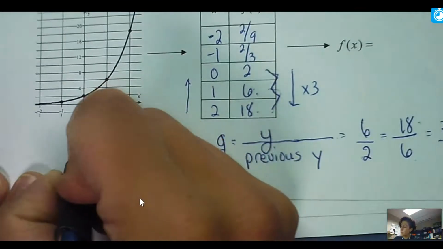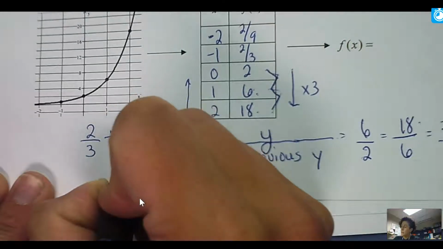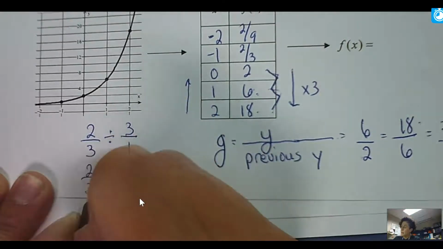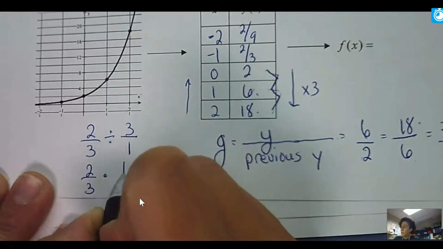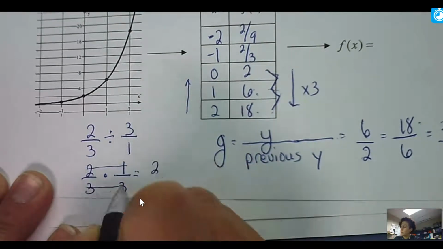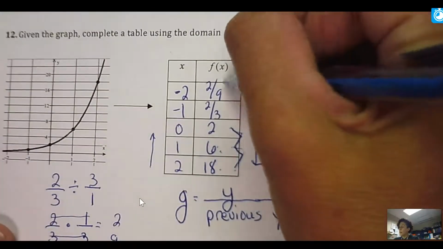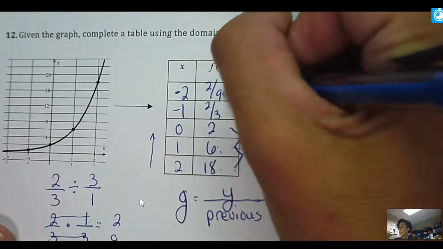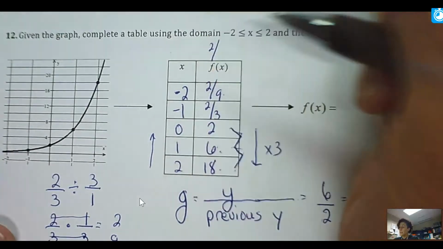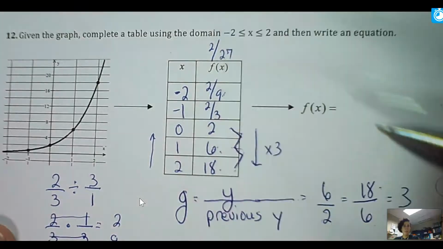If I take 2/3 and divide it by 3, I copy, dot, flip-flop that one, and then I'll just multiply across and get my 2/9. But a trick is, if I were to keep going, if I divide by 3, then my numerator will just stay the same, and the denominator will become 27. I'll just actually be multiplying that by 3.